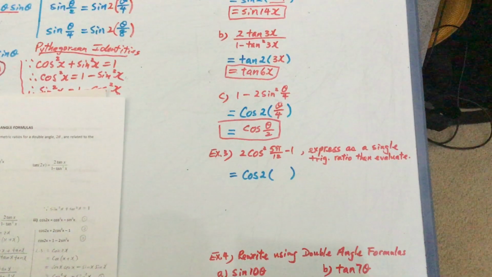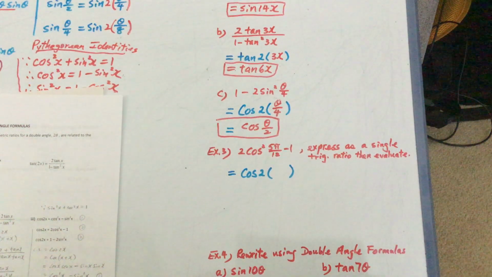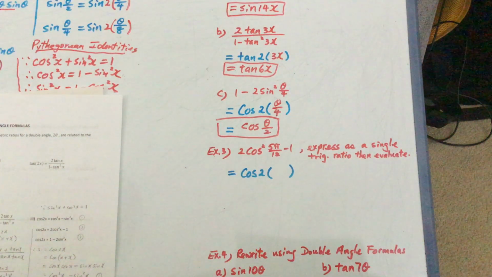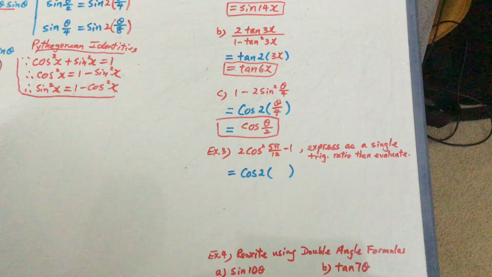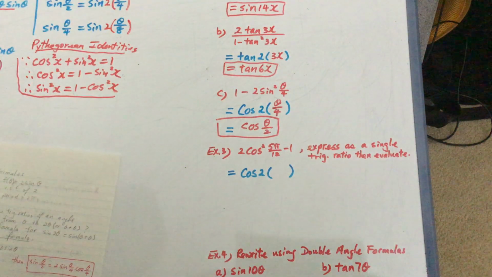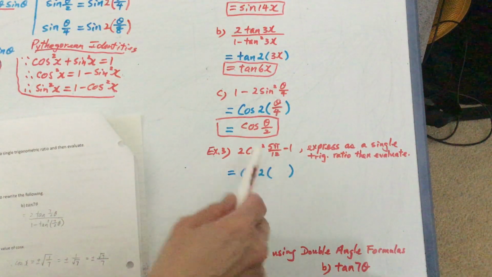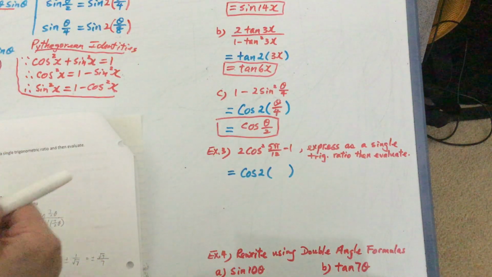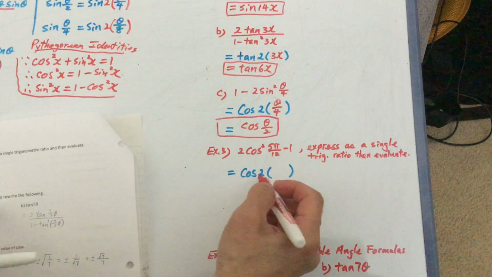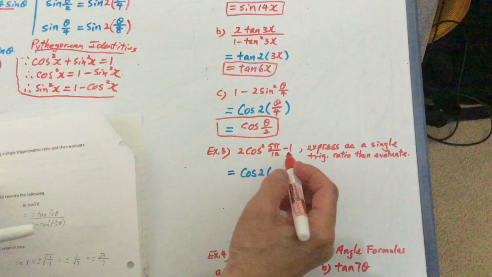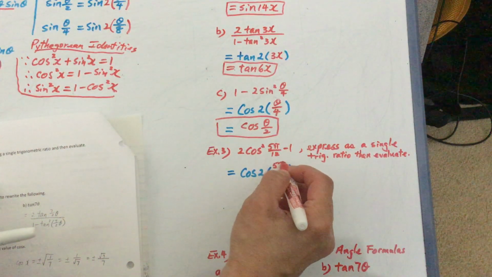Example number 3. If I have a 2 cos square 5 pi over 12 minus 1. And if you recognize this as the double angles formula for the cosine again, then you will be turning this into a cos of 2 times, and the theta is the 5 pi over 12.